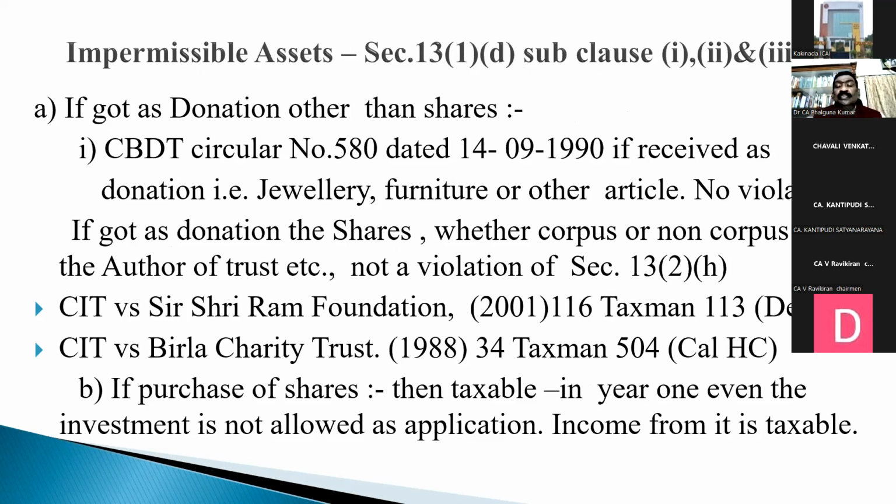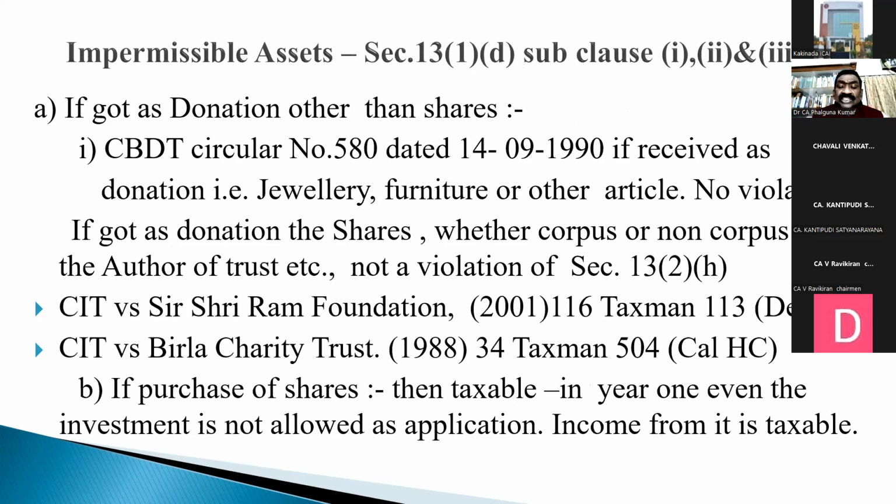Say, by chance, if you receive a donation of shares, what you have to do during the year, if you receive, nothing, no problem. So subsequent year, you should convert those shares or say other than 11(5) mode into 11(5) mode. So that's what the decisions I have given. So you might have got those shares as corpus fund donations or as non-corpus donations, but you should comply with 11(5).